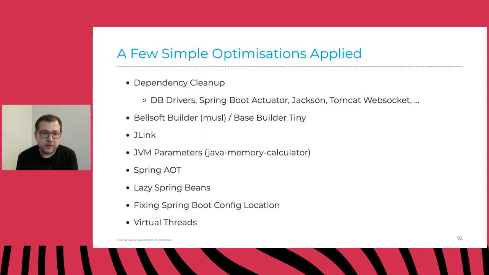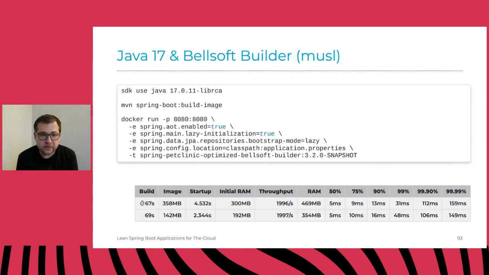So for the optimizations, I just went and optimized the things quite a bit. And there you can see that using Java 17 and the builder from Bellsoft, you really improve the image size quite a bit. You get half the startup time. You basically have better memory usage and also throughput.